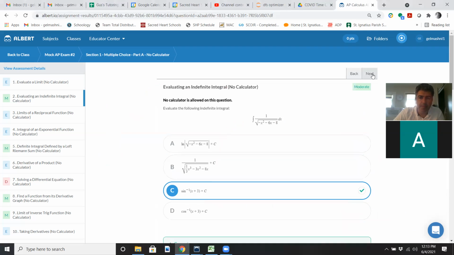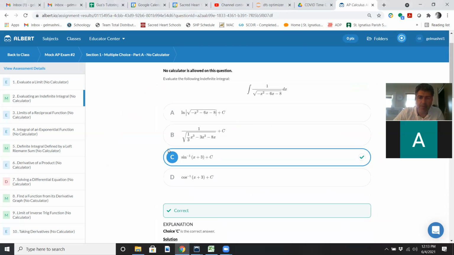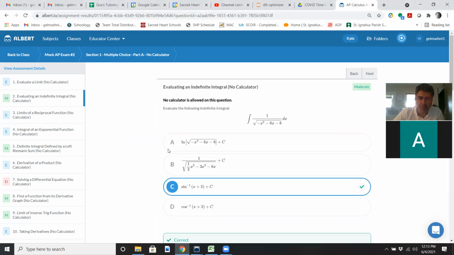Go to the next one. Here we have an integral. So the way you're going to want to approach this one, it's a little bit complex, but it's 1 over root. And you could actually think of this, if you pull a negative out, you'd have that.